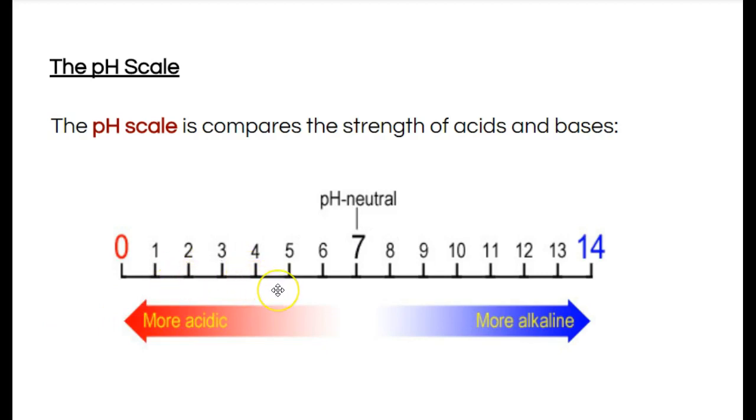And so if I were comparing a material with a pH of 5 versus something with a pH of 2, the substance with the pH of 2 would be much more acidic, because of course the lower I go on the pH scale, the more acidic the substance is.